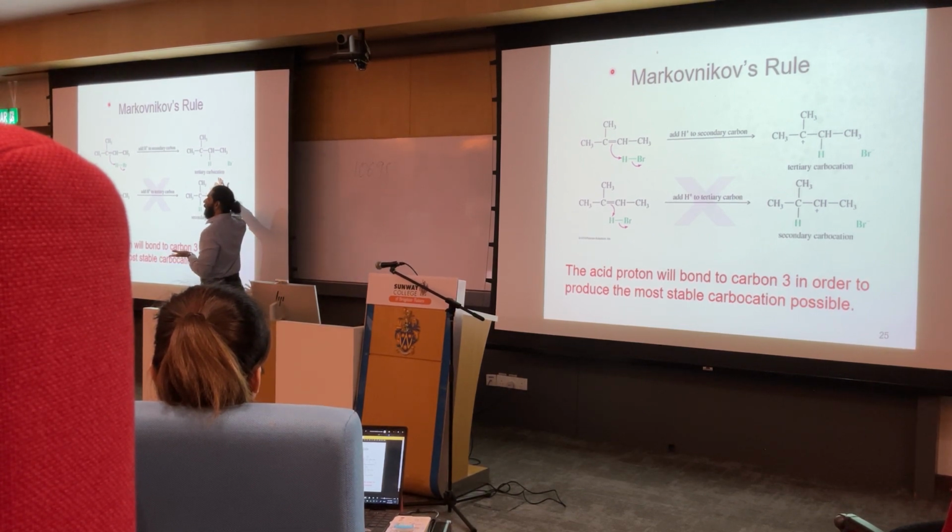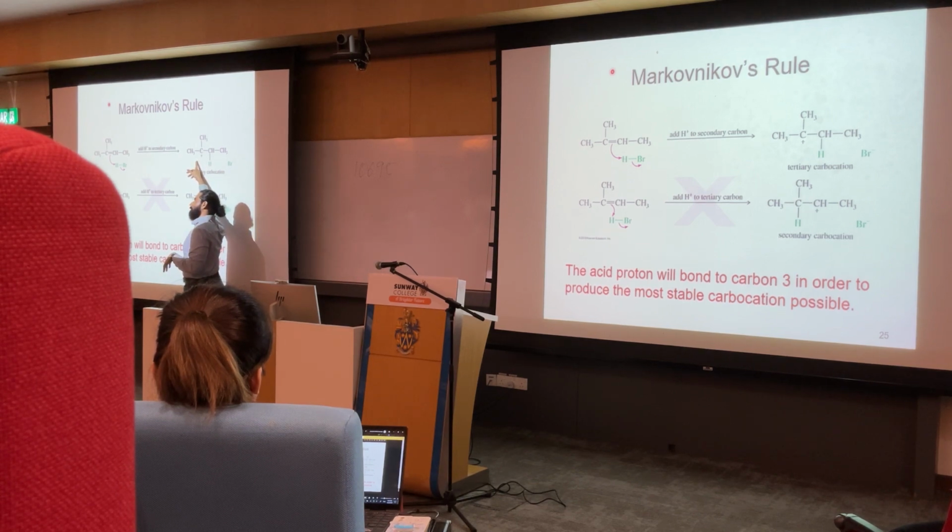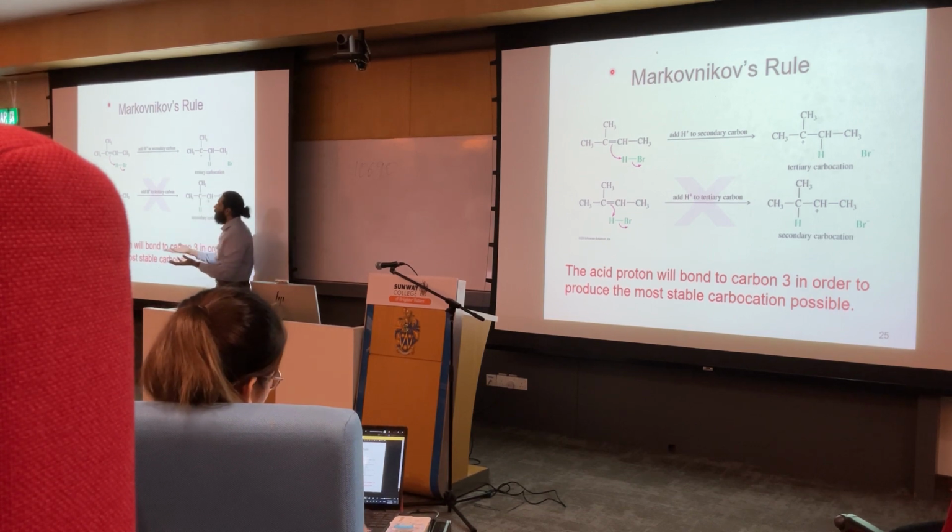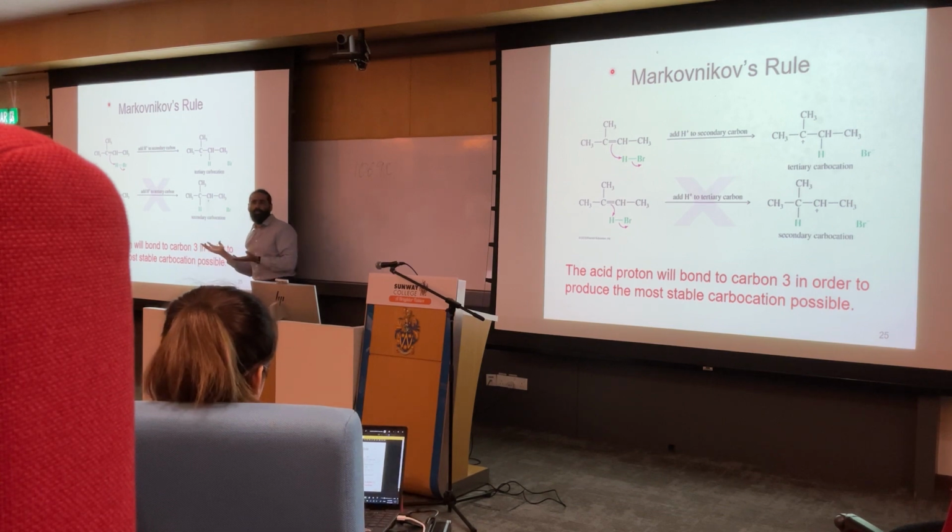That we call the inductive effect. But the name is not important. It's only important to know why this is more stable than the other one. But if you are familiar with it, or you just want to memorize, that's called inductive effect. All the other carbons will help the carbon with the positive charge by sharing some load of their electrons. So more the merrier. That's the general rule here.